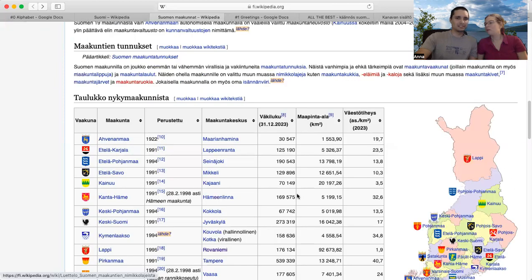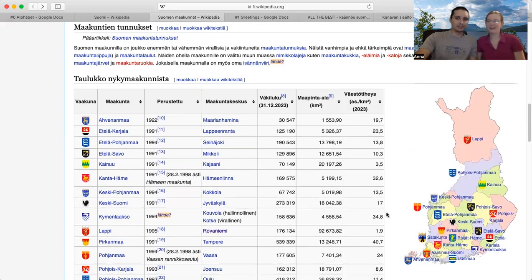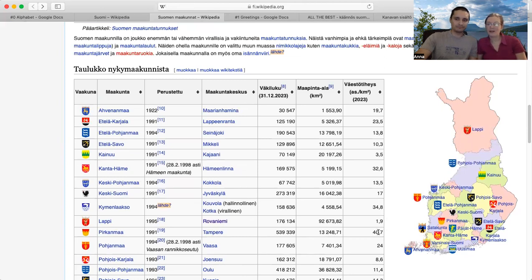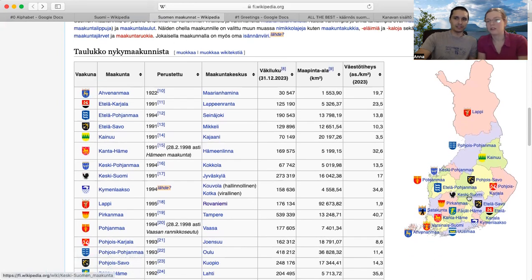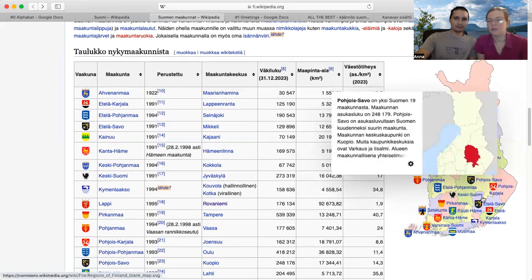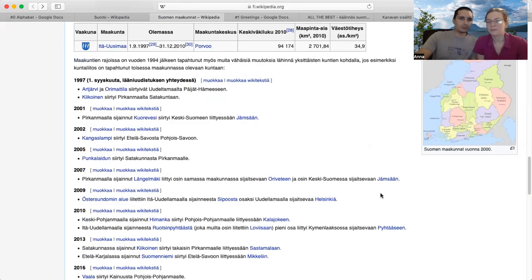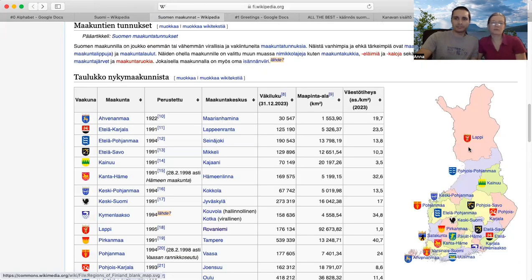Well, I was everywhere where you were during our summer trip. Yeah, and more. I haven't been in central Finland. Actually, I think we were. Anyways, that's the map of Finnish provinces.